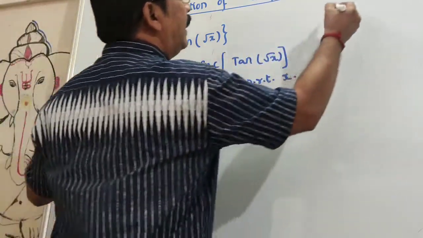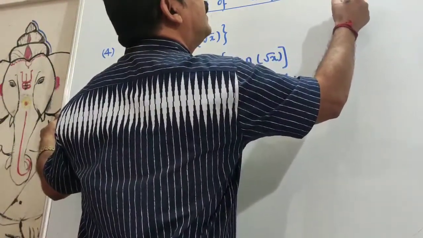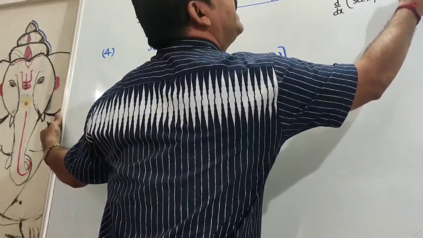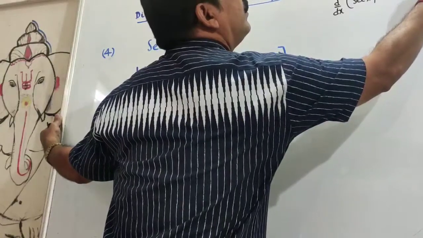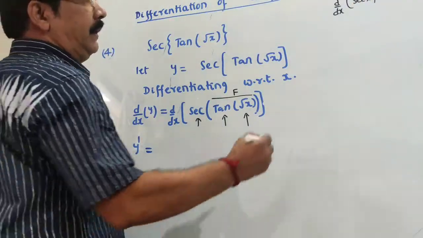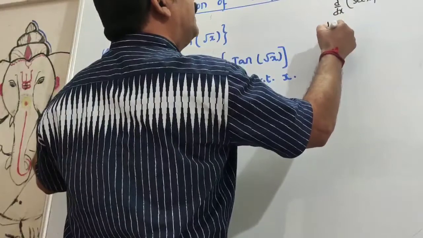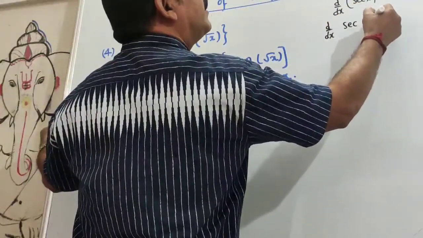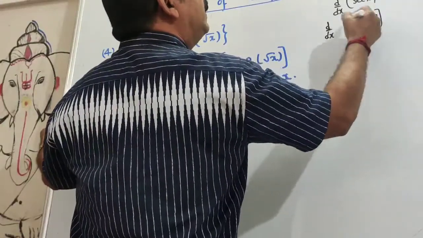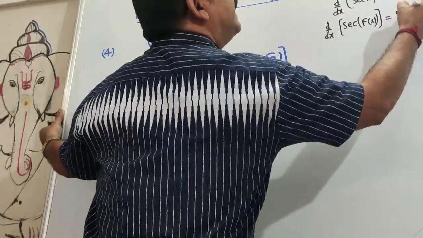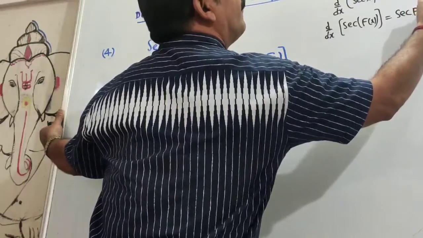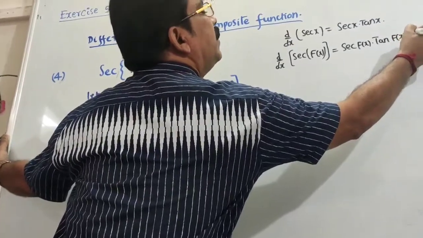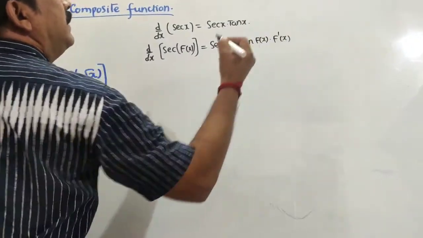So basic formula, d by dx of secant x equals secant x into tan x. This is the basic formula. So composite formula, d by dx of secant of f of x equals secant f of x into tan f of x into f dash of x.